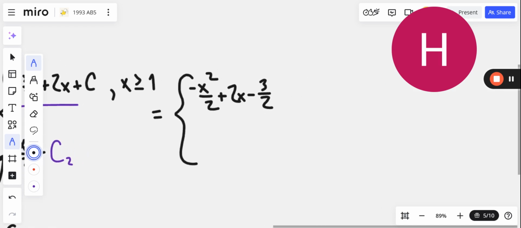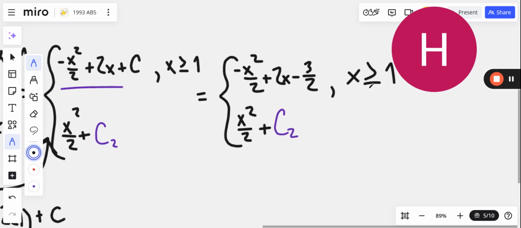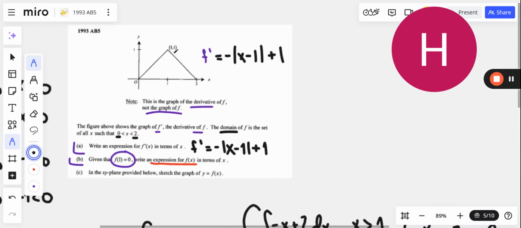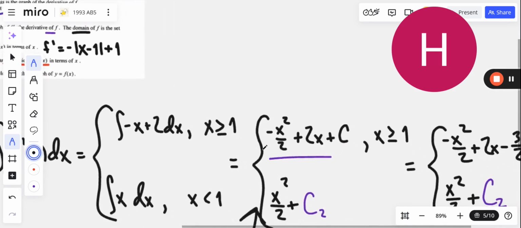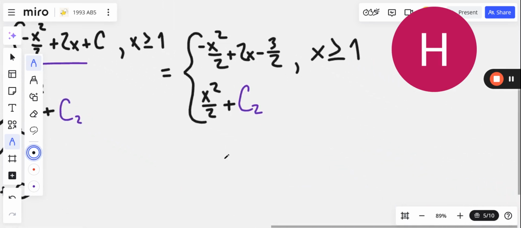Now, since I know that these two are connected, I know that this has to be equal to x squared over 2 plus c2. I know that they have to be equal because it has to be connected at x equals 1. How do I know it's connected? Because the derivative exists. And the only way the derivative exists at a point is if the graph is differentiable, which means it's smooth.